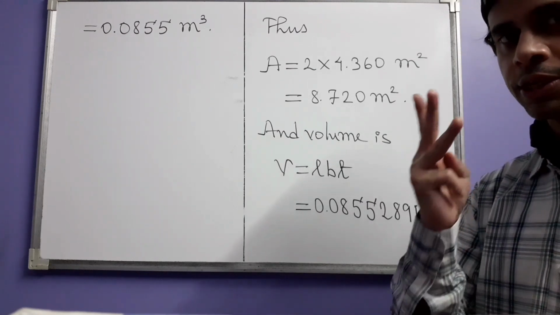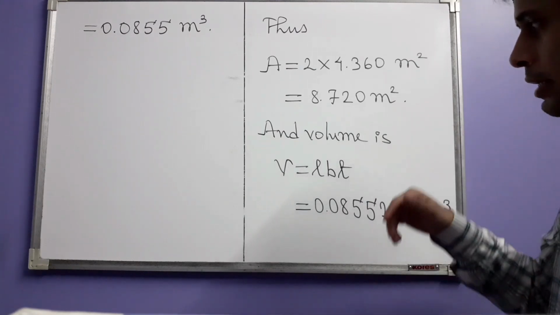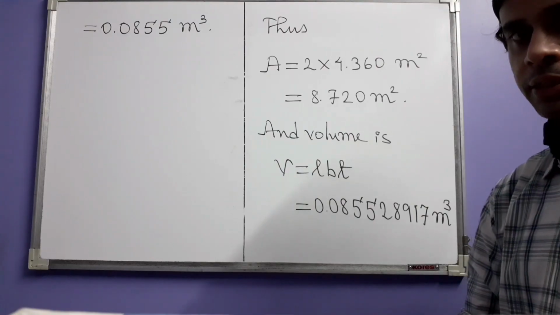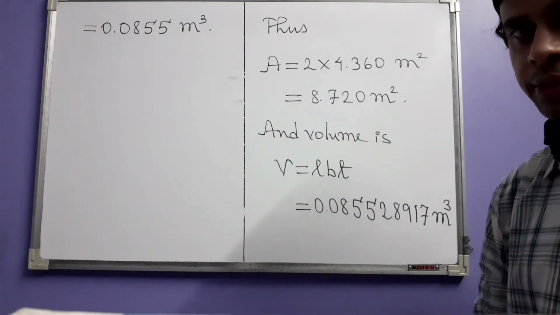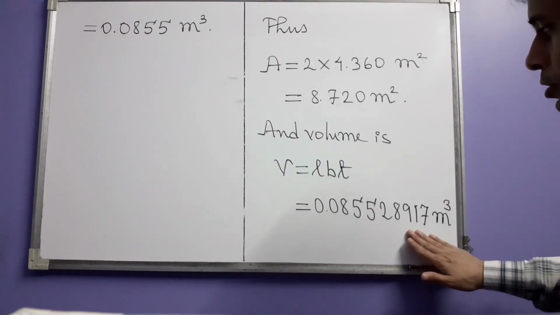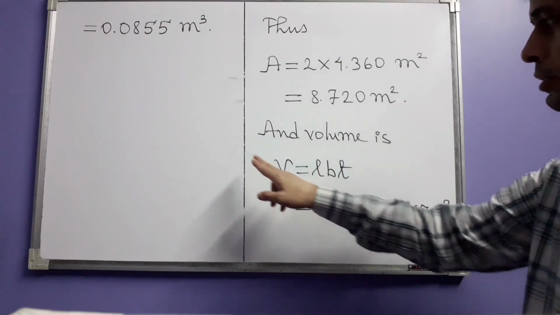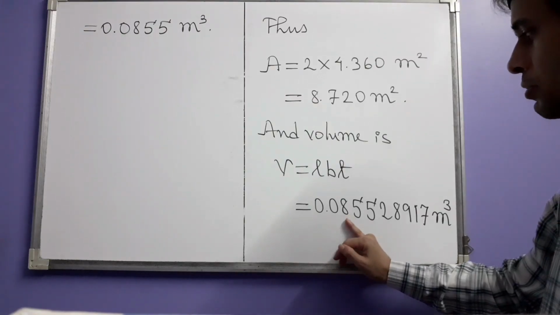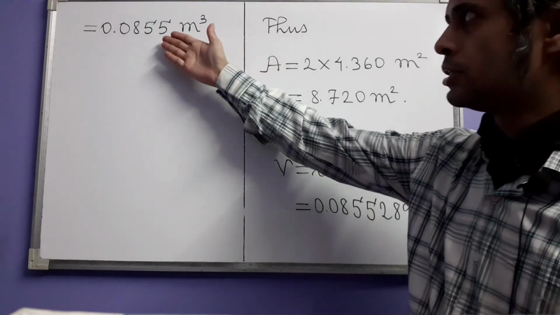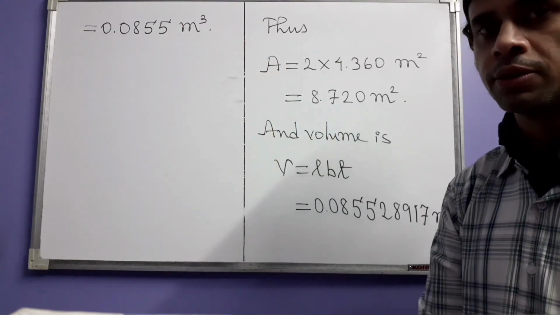Thickness, that has only 3 significant figures. And again we are going back to the number of significant figures in the given values, because we are multiplying. So this also should have 3 significant figures. The 2 leading zeros are not significant, so after that you have to choose 8, 5 and 5. So this should be your final volume value.